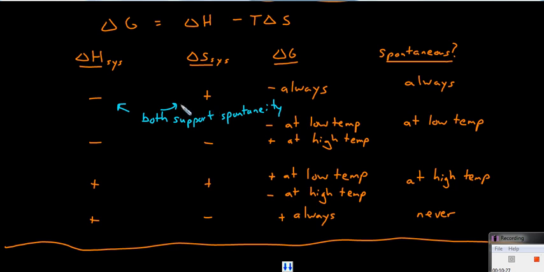Now, in this case, we should get a negative delta G. Why is this? Well, plug in negative delta H, and then subtract temperature times a positive delta S. You have a negative minus a positive, or that's a negative and a negative combined. Delta G is going to be equal to a negative value. And so that is going to be leading to a spontaneous reaction.